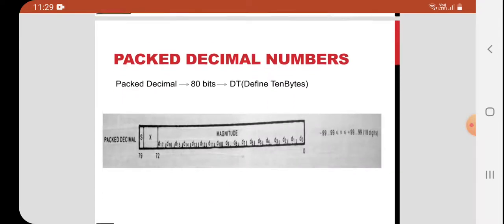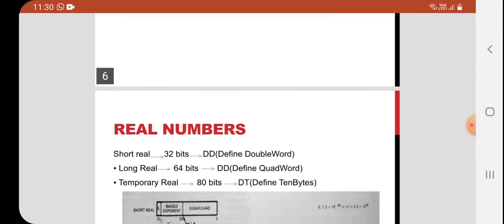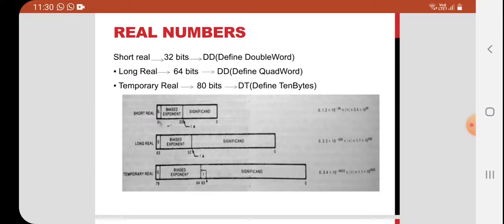Next, the packed decimal number has 80 bits, defined 10 bytes. And real numbers again have three categories: short real, long real, and temporary real.